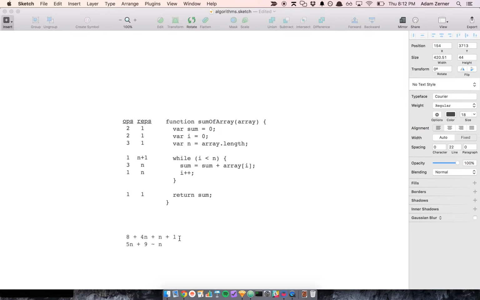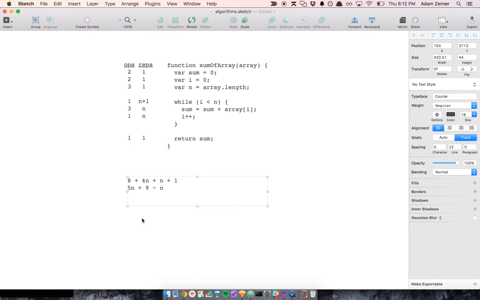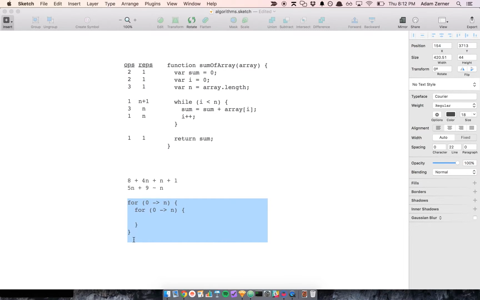And to give you a different example, let's say a function whose highest order term is a for loop from 0 to n with another for loop nested inside from 0 to n. Assuming that this is the highest order term, this can be approximated by the function n squared.